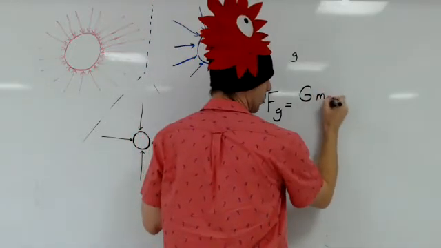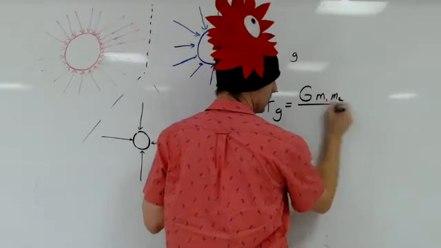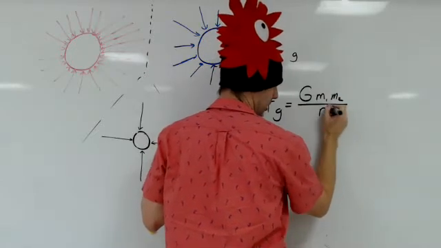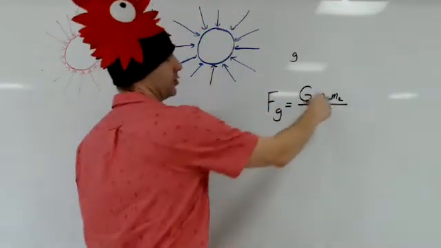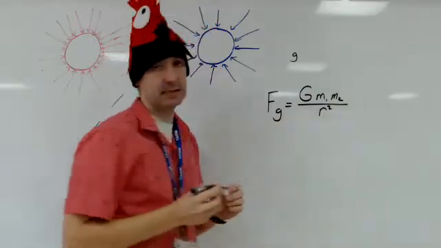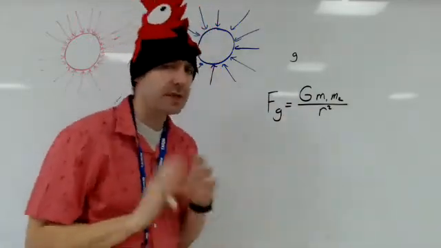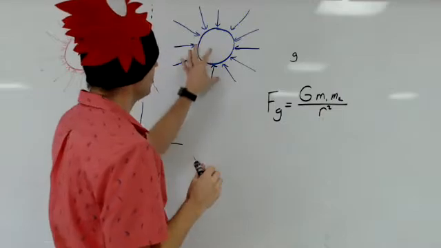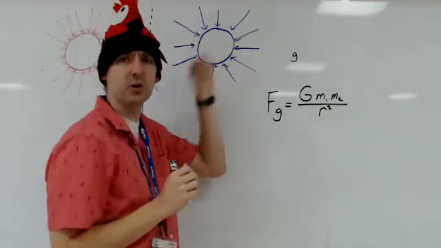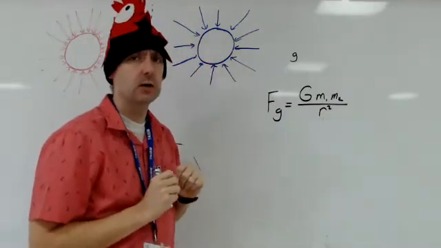And then times m1, m2 over r squared, right? Where those are the masses of the objects and r is the distance between them. So we talked about the force between two objects, but that really doesn't give me a value for the strength of the field of this object, right?